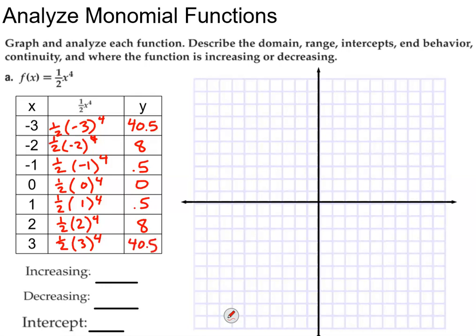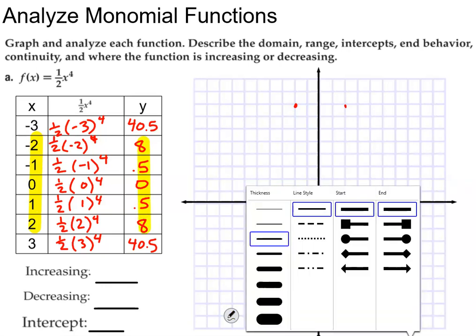Okay, so then we plot those over here. That -3, 40.5 is obviously way off of our graph, but if we have -2, 8 is right there, -1, 0.5, 0, 0, up, and we have 1, 0.5 is our point, and then we have 2, 8. So we're just plugging in, using these as our points that we just graphed on our coordinate plane over here.